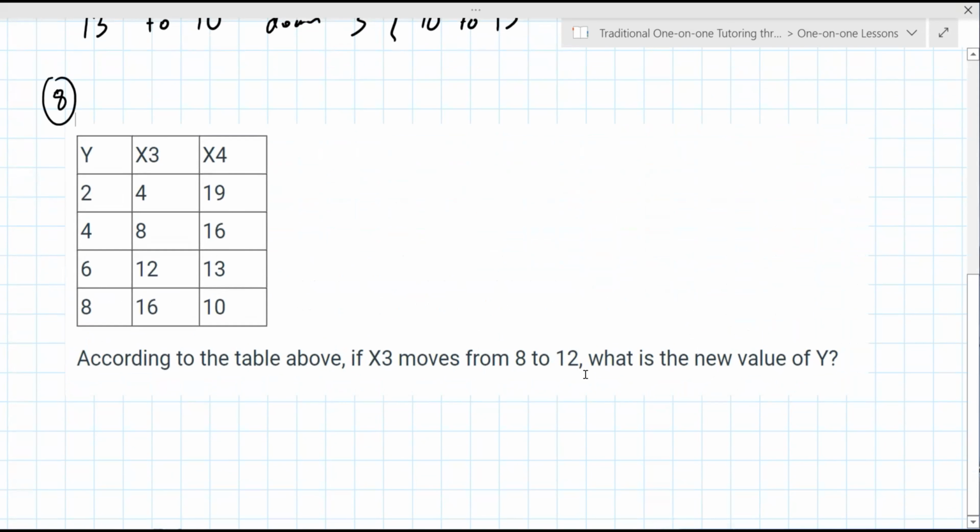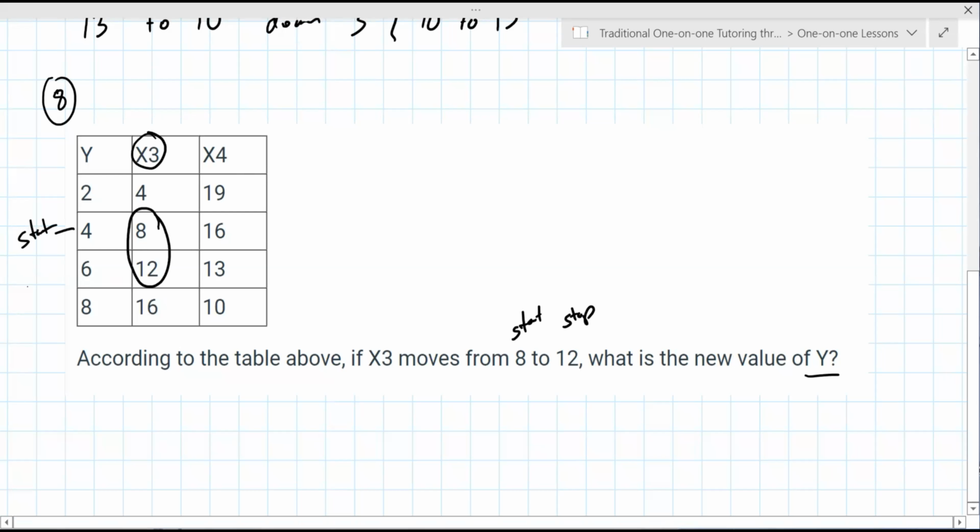All right, so this one says if x3 moves from 8 to 12. So you look at x3, 8 to 12. What is the new value of y? You have to look at it as a start and a stop. So the start is 4. The stop is 6.